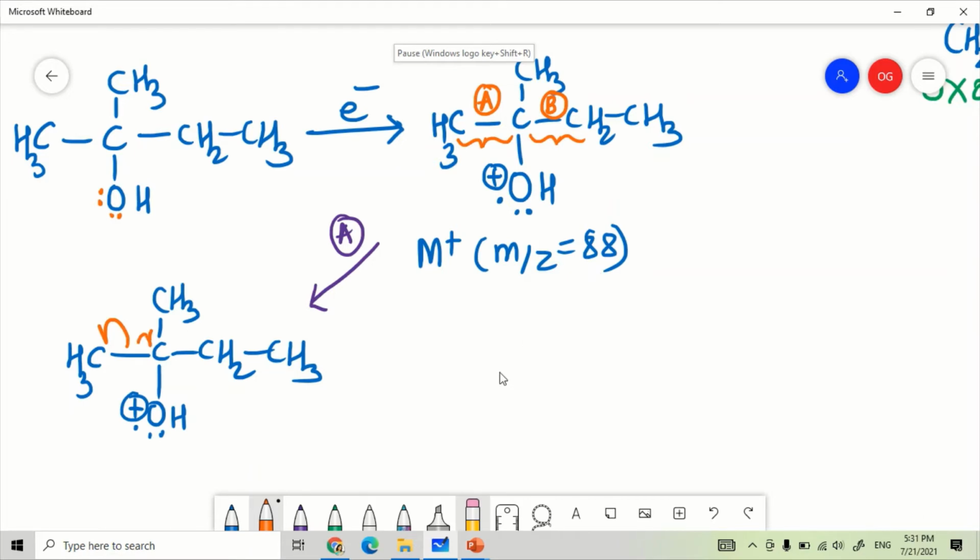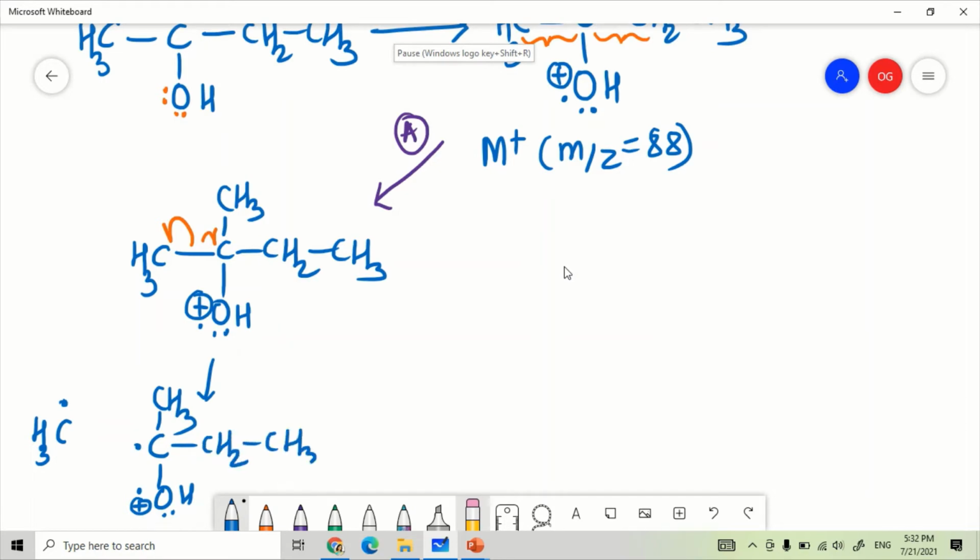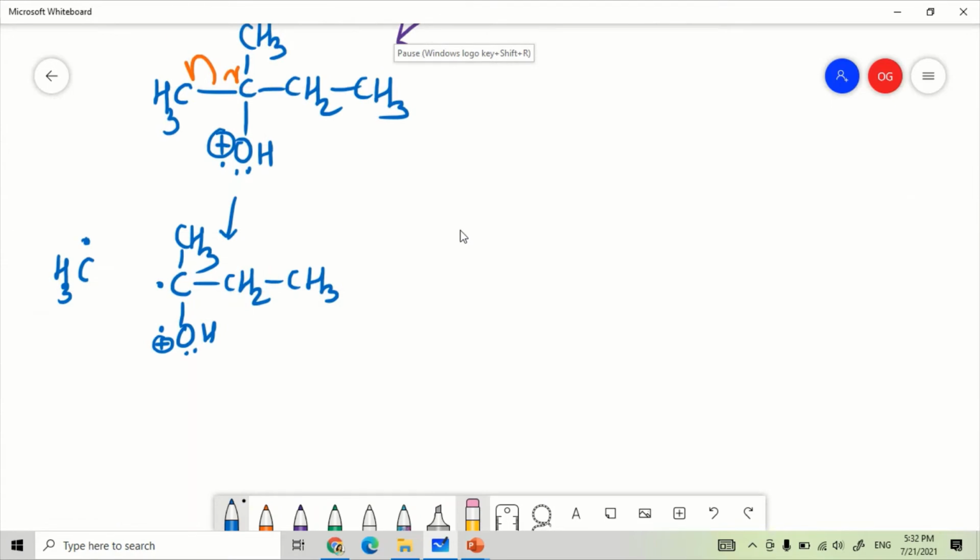After this, the fragment formed because of the removal of this CH3 is OH, CH2CH3, and I can rewrite this, just rearranging, as HO+=CH-CH2CH3.